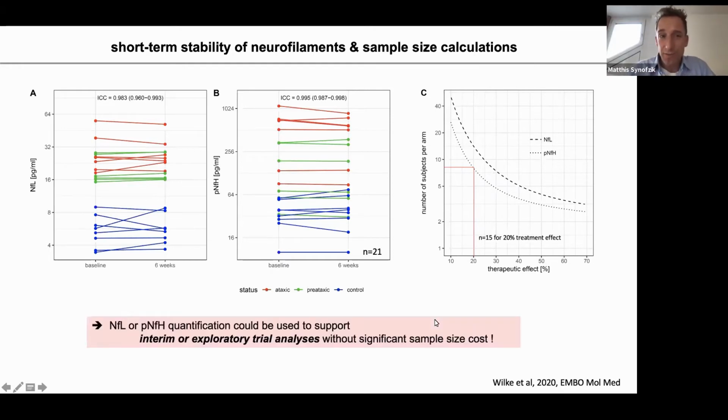And this argues for the fact that you might want to use NFL in your future trials to calculate sample sizes. And you might even use this, for example, to run interim or exploratory trial analysis, because you need a really small number of subjects and can do it at very small cost to see, am I heading in the right direction for an interim analysis in your clinical treatment trial.